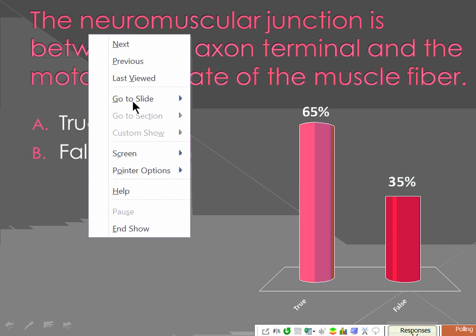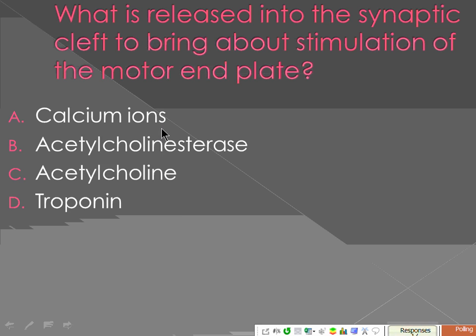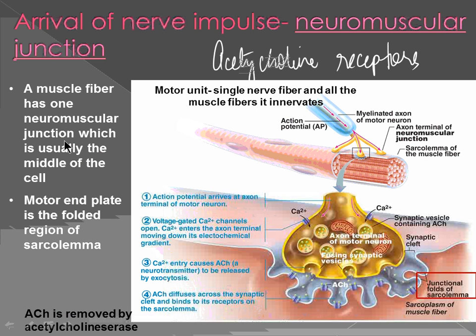This is why you must look at your PowerPoint slides really carefully. Because look at this. Motor end plate, and look at this. Axon terminal of the neuromuscular junction, sarcolemma of the muscle fiber, right? And the sarcolemma is called the motor end plate. So it is between the axon terminal and the motor end plate. Okay? This is the neuromuscular junction.